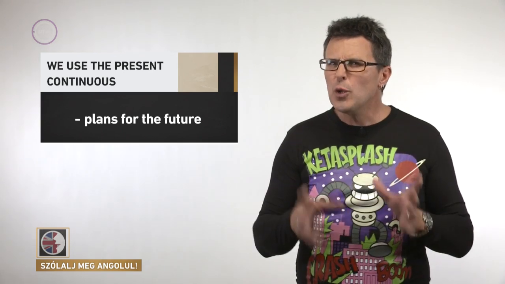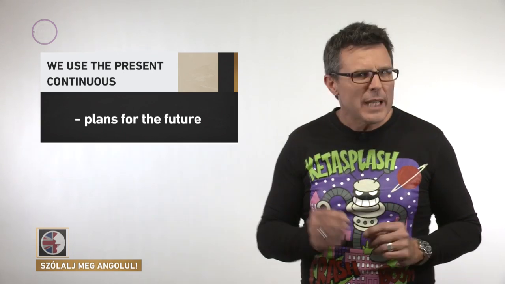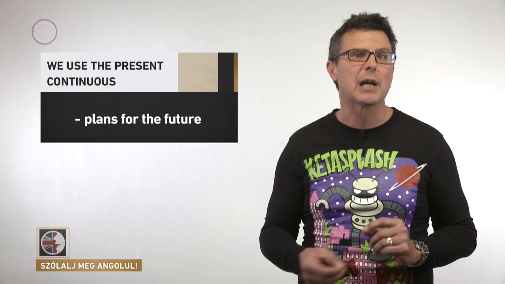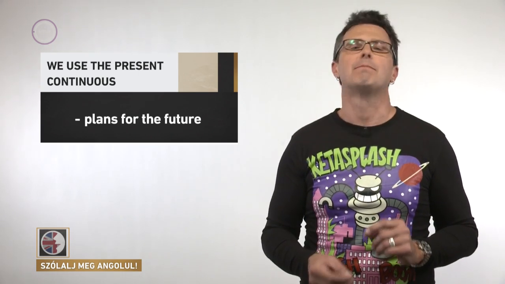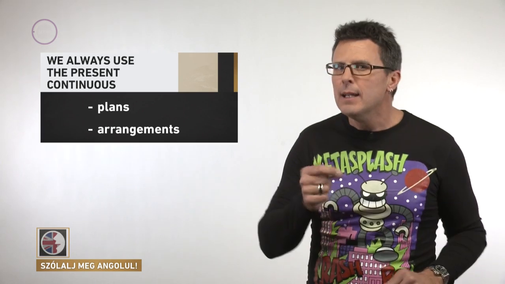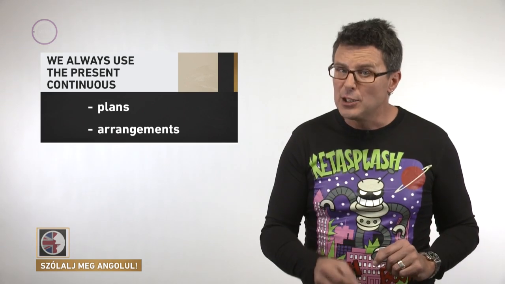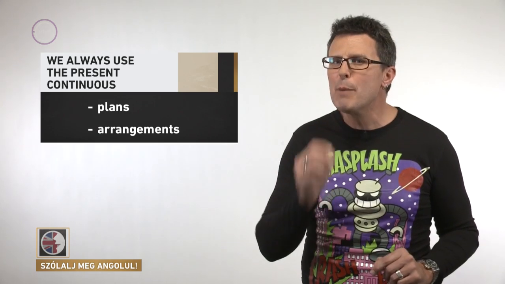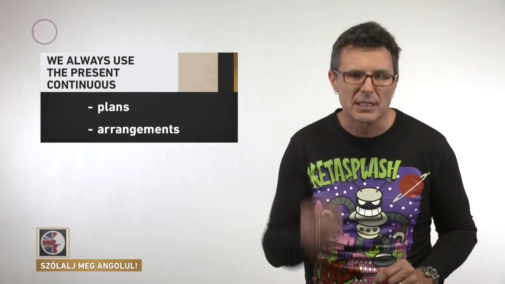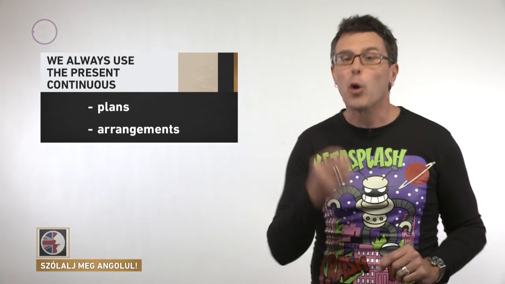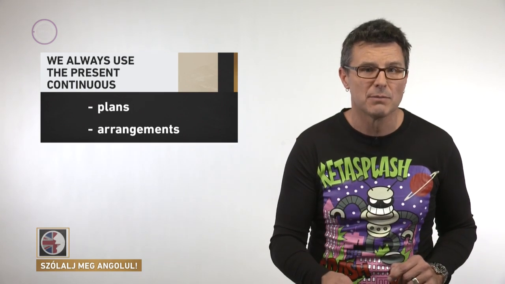Now, do you all remember what we have to be careful of when we're talking about plans and arrangements? Yes, that's right. When we're talking about plans and arrangements, we have to remember that we don't use the present simple. We always use the present continuous.